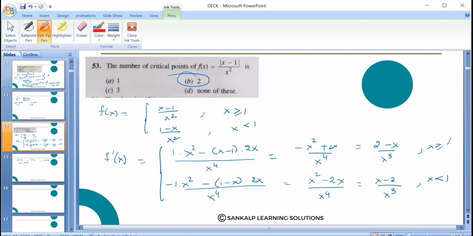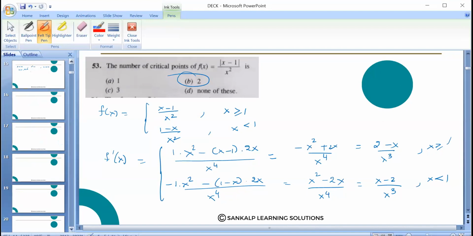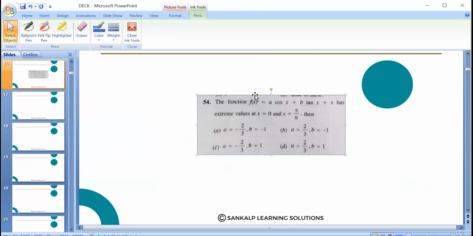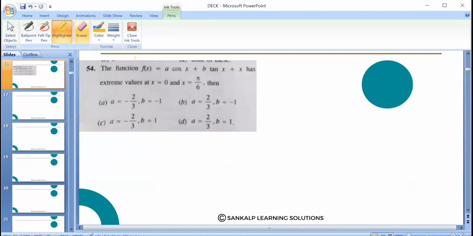Next, we will take 54. The function f of x, a cos x plus b tan x plus x, has extreme values at 0 and pi by 6.